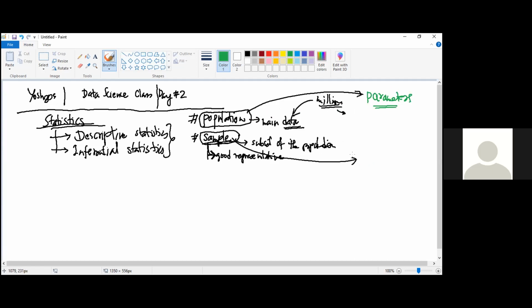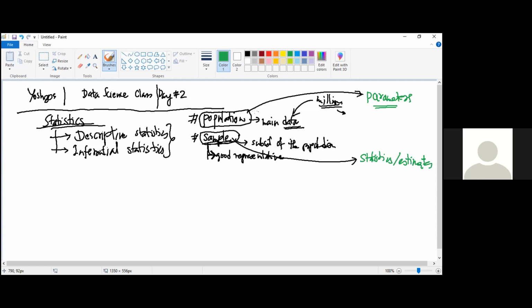And whatever numerical quantities or numerical descriptors we calculate for the samples from this population, those will be called statistics or estimates. Different fields will have different names.